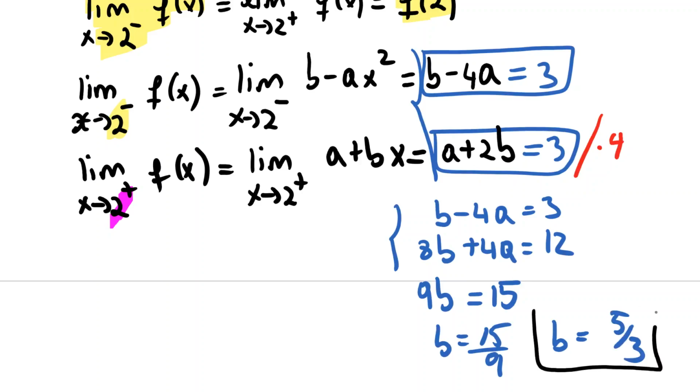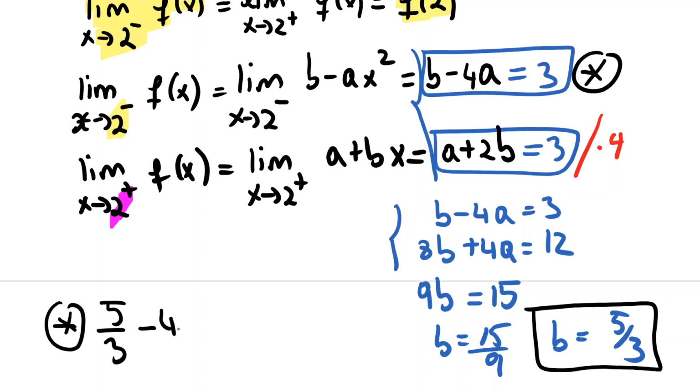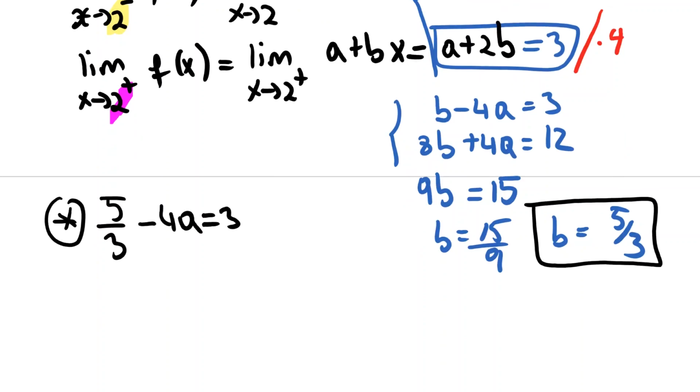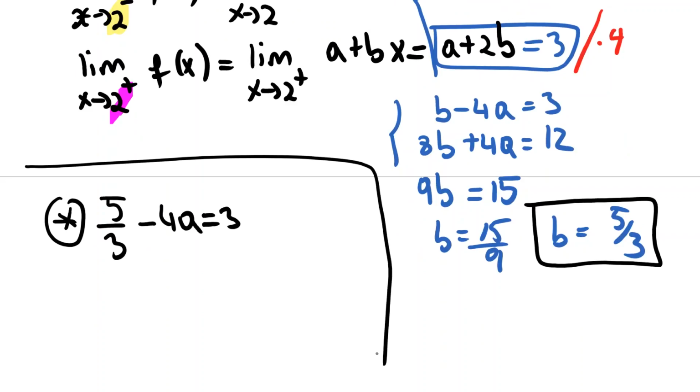So b is 5/3. And now we're going to go back and plug in b in one of the equations and get a. So let's go into the first one. Instead of b, I have 5/3 minus 4a equals 3. So I'm going to subtract 5/3. So I have negative 4a equals 3 minus 5/3. I need to bring it to the same denominator, so let's multiply by 3 over 3.